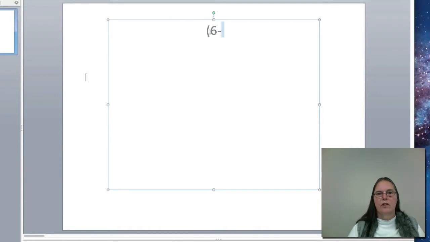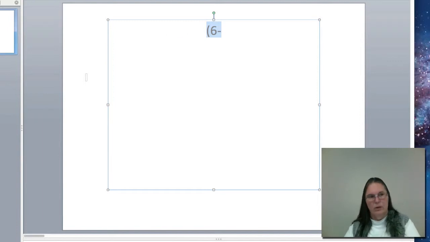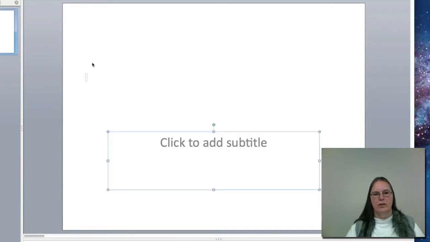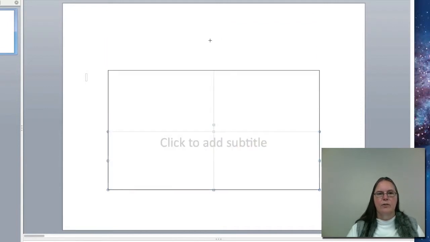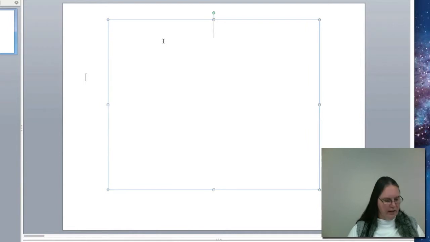I should be able to highlight and delete, and it doesn't want to cooperate. There we go. Let's start over. Eventually I'll get the hang of this writing on the screen stuff and using Apple software. I'm not used to it.